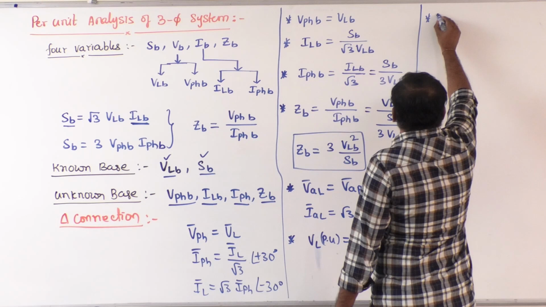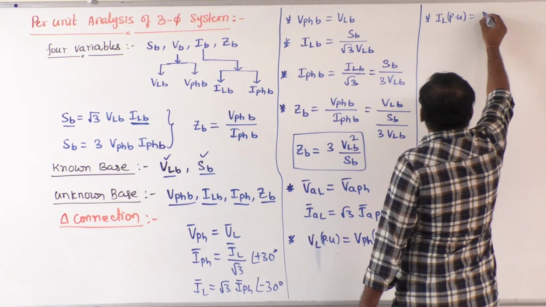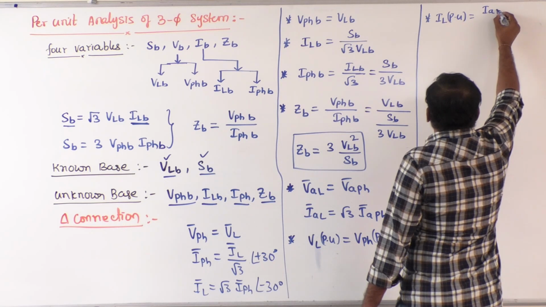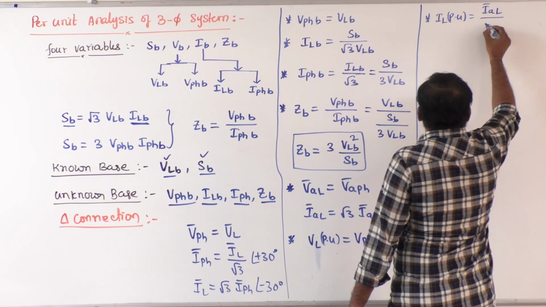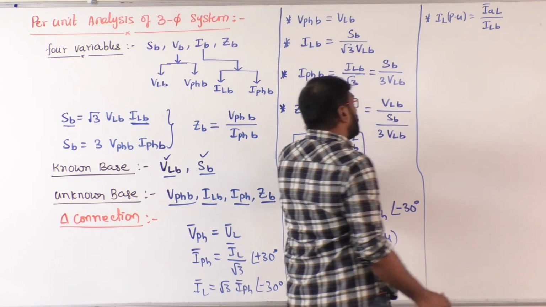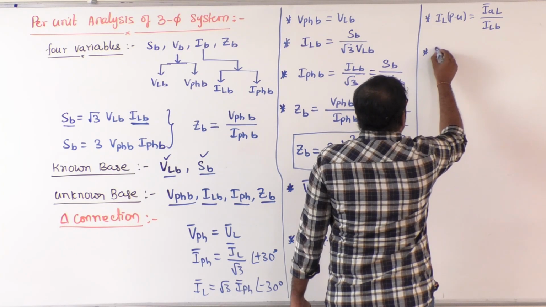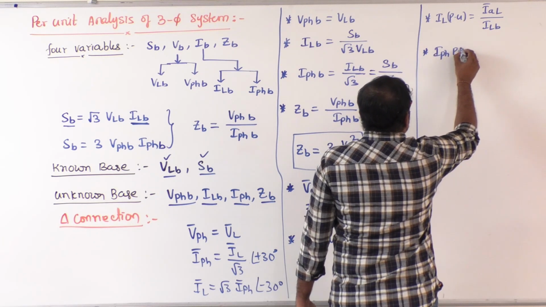We know that I line per unit equals I actual line current by I line base. Now, what about I phase per unit?